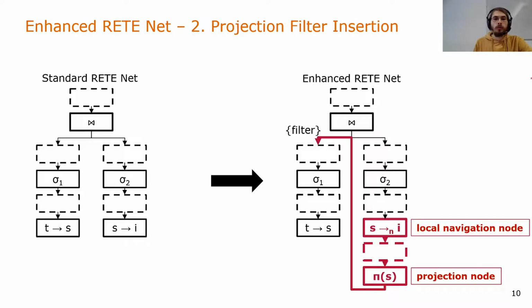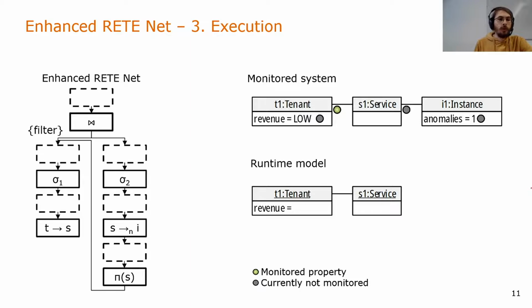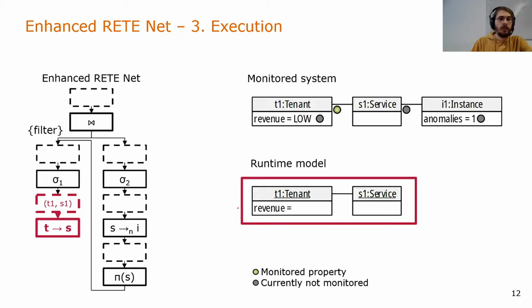Subsequently, we then insert so-called projection filter structures, which consist of a projection node and a local navigation node, which effectively apply that filter from one side of the join to the other side. To see how that works, we can look at the execution of the enhanced Rete net, which, like the standard Rete net, starts with the execution of the only input node of the enhanced Rete net, which extracts this connection from the tenant to the service, which is stored in the index.